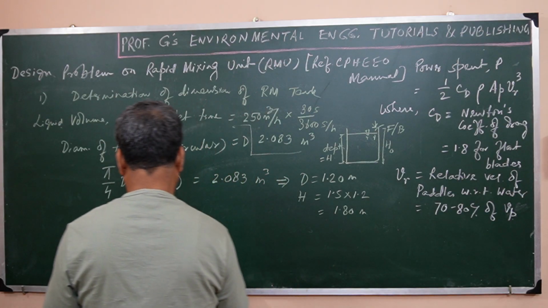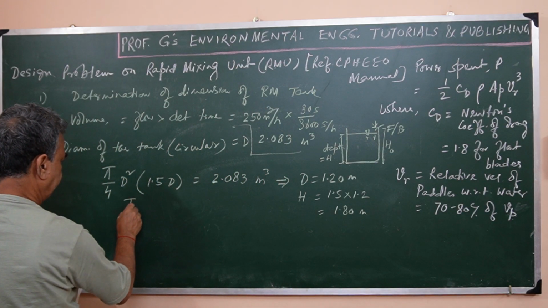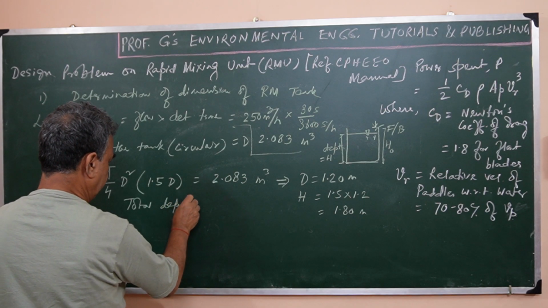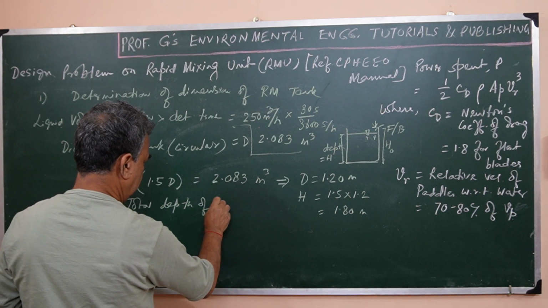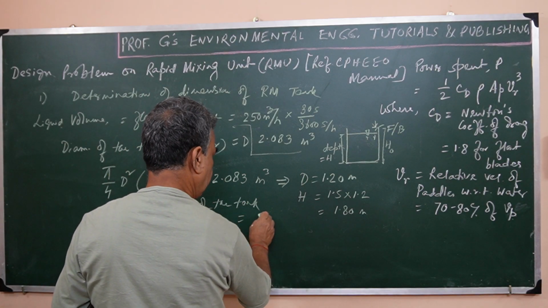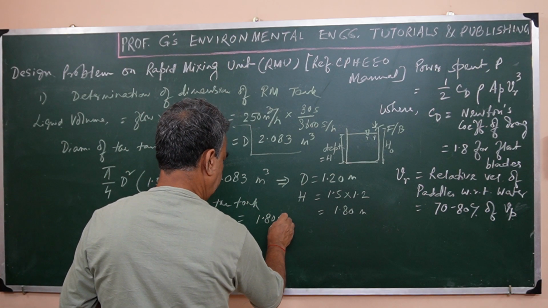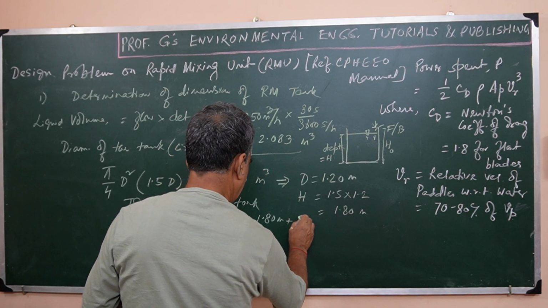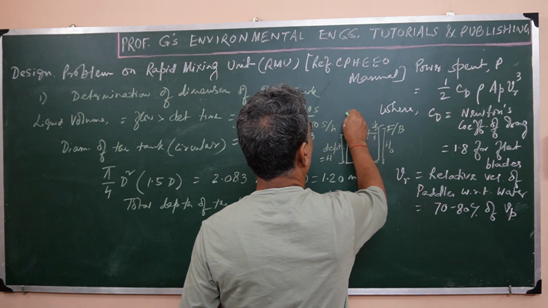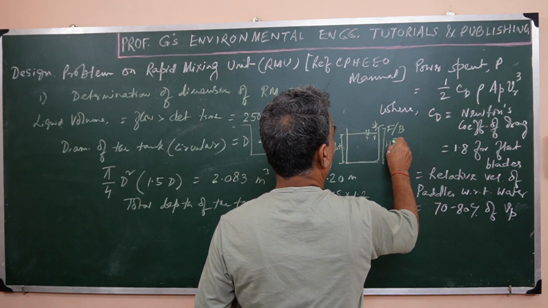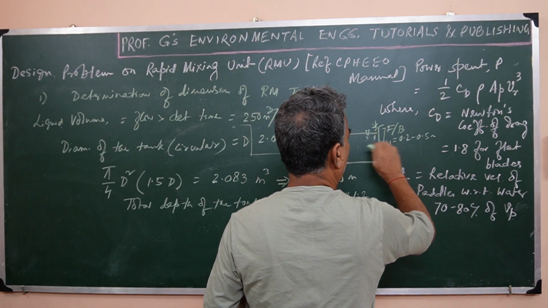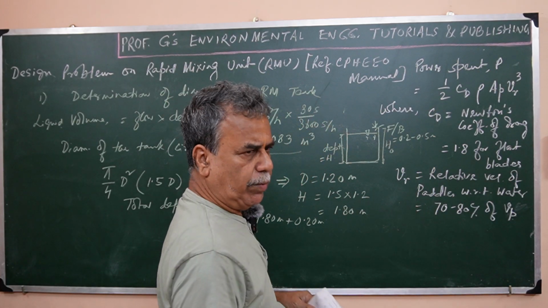meter. Now the total depth of the tank, including freeboard, using 1.8 meter plus, let us say, 0.2 meter freeboard. Usually freeboard is 0.2 to 0.5 meter, depending on the requirements.